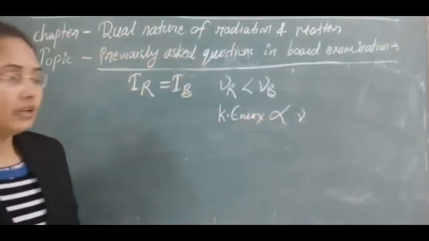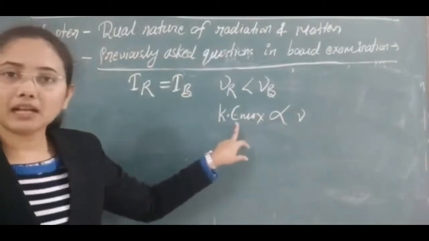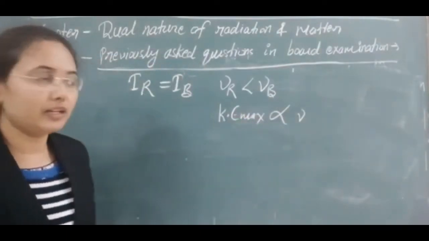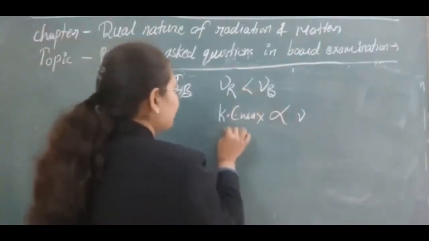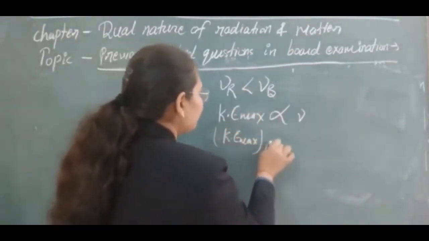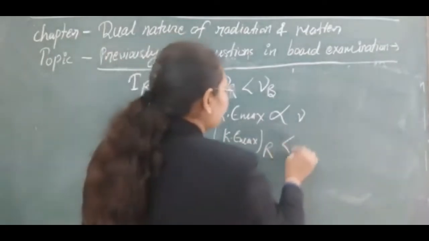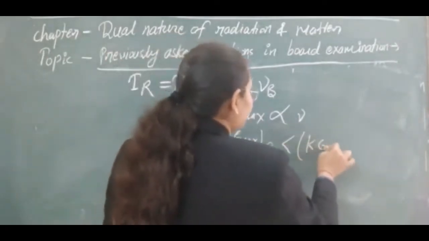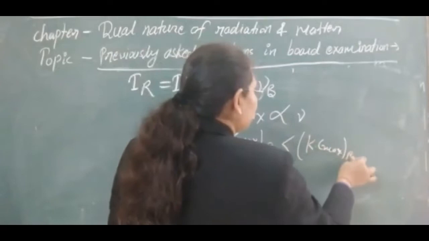The greater the frequency, the greater the maximum kinetic energy of the emitted photoelectron. So the maximum kinetic energy for red color will be less than the maximum kinetic energy for blue color.